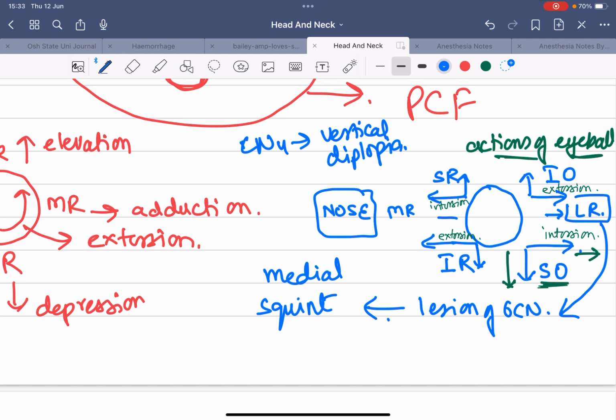So three lesions you must say: cranial nerve 3 lesion, ptosis, dilated pupils, eye downward and outward. Cranial nerve 6 lesion, medial squint. And cranial nerve 4 lesion, head tilt to the opposite side of the lesion. Okay, so these are some of the important points. I hope it is clear to all of you.